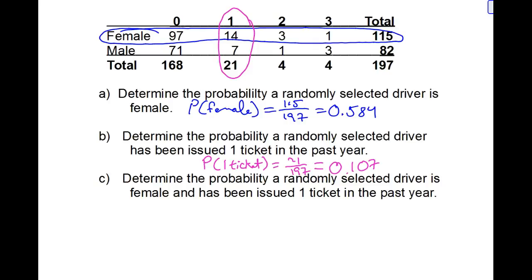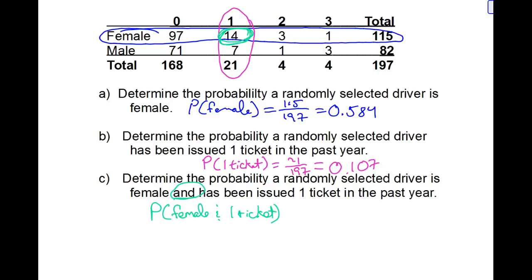That means that we want to look at where both events have happened. So we're looking at the probability of female and 1 ticket.